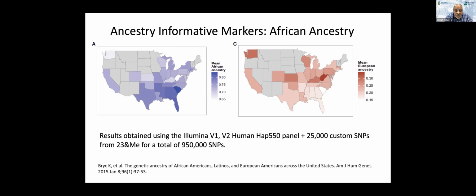The mean across the country is around 16% European ancestry, but that can differ dramatically depending upon the region of the country. For example, in West Virginia, it's upwards of 30% European ancestry, and in Washington State, there are similar values. Next slide.